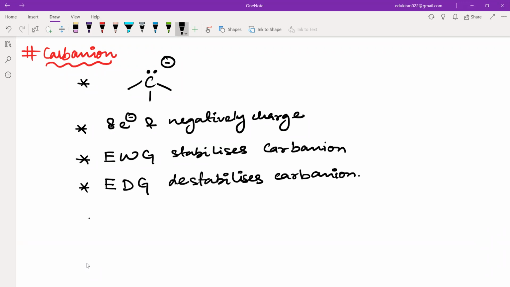That means stability is directly proportional to minus I and minus M.